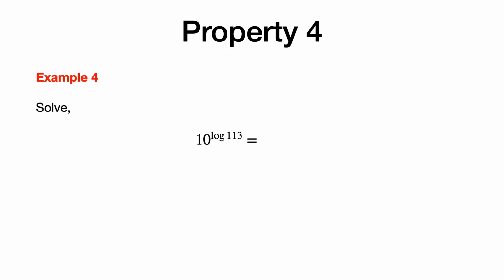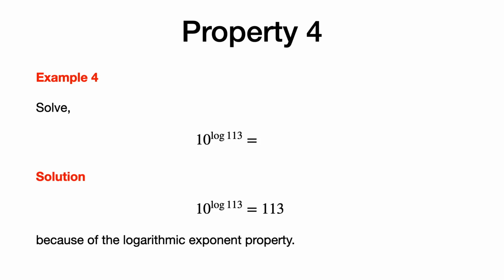Let us see this property in action. Here we are asked, what is 10 raised to the common logarithm of 113? The logarithmic exponent property can apply here because we are raising 10 to a common logarithm, and realize that the base of the common logarithm is 10.